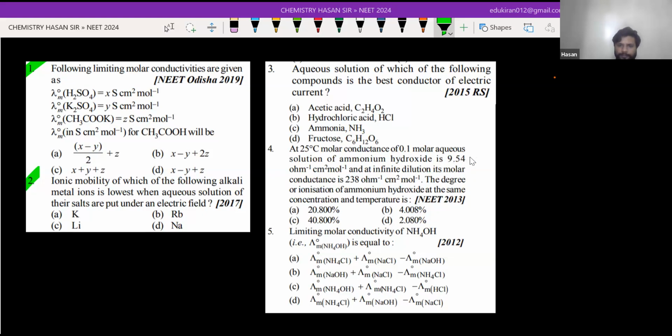Very good, Aisha. So here you need to calculate the lambda naught m for CH3COOH.